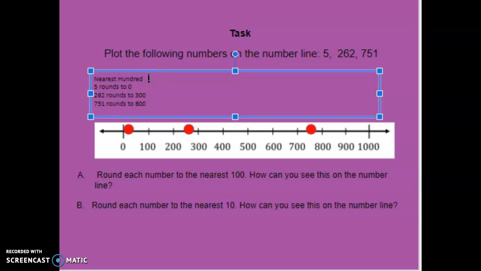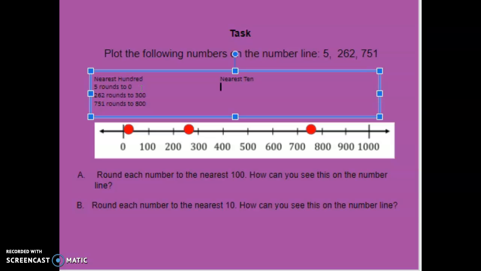Now we're going to think about rounding to the nearest 10. What's the difference? How does that look? This number line is not really visual enough for us to see those 10s, so we're just going to think about those. Because we know how to count, we're going to think about, is 5 going to be nearer to 0 or nearer to 10?